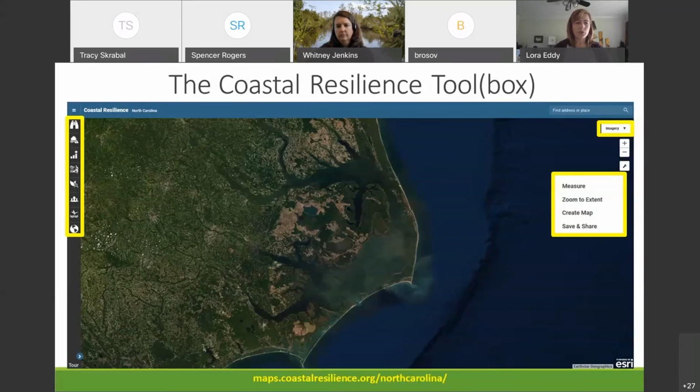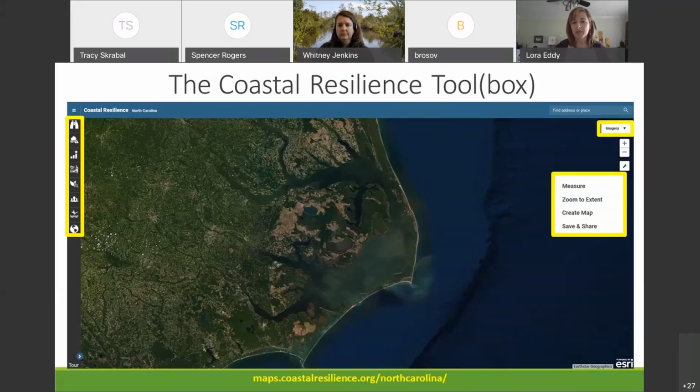It guides you through the left-hand side of the screen. You've got this yellow bar, and that's most of the functionality of the tool, where the Living Shoreline Explorer app will be found. On the right-hand side of the screen, there's an address bar similar to Google Maps. You can type in an address for your site, and the map will zoom to that location.